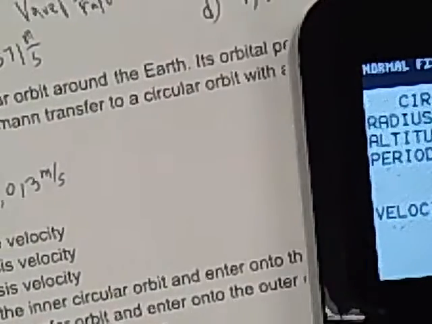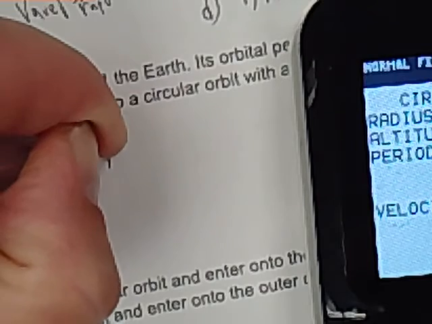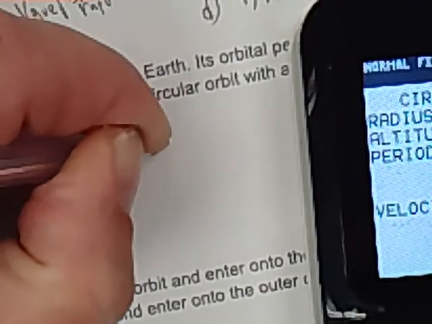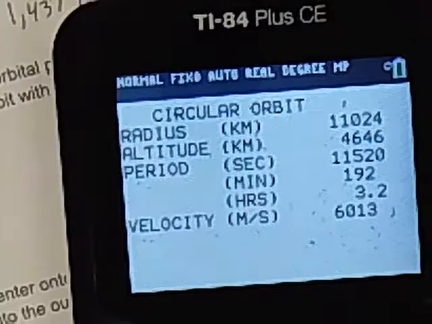What I need to keep track of is that the radius is 11,024 kilometers. I needed those two pieces of information.